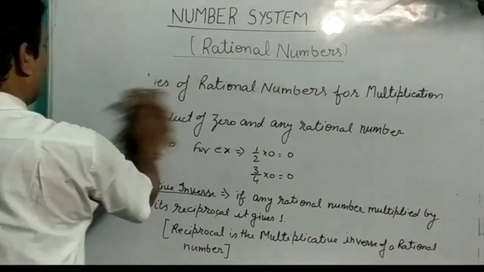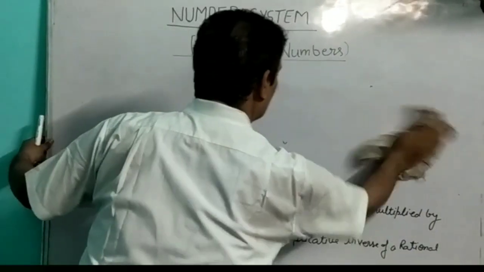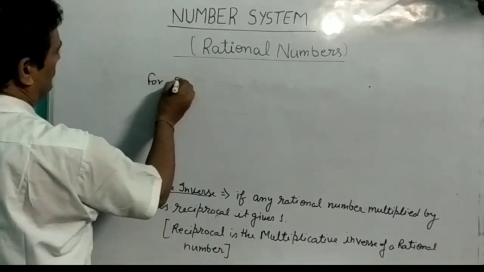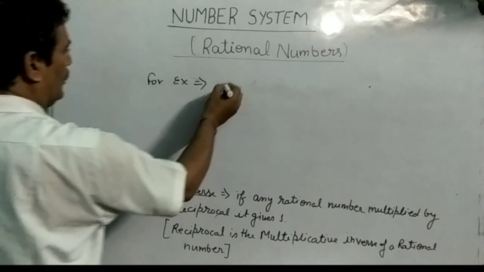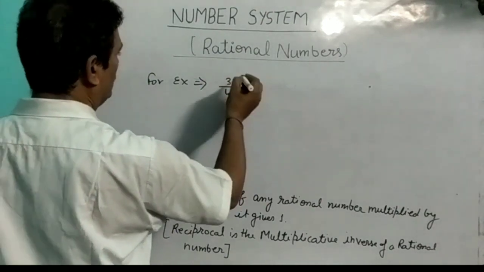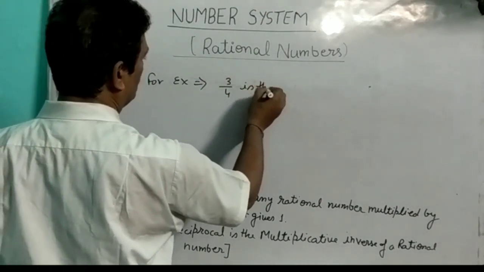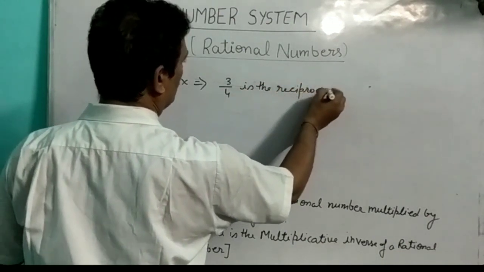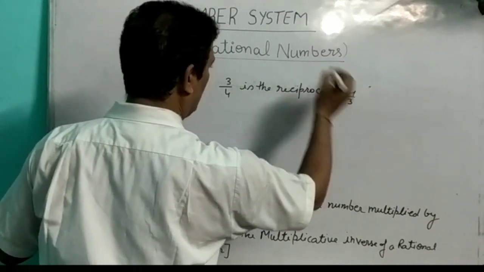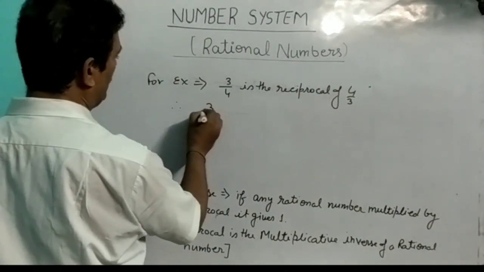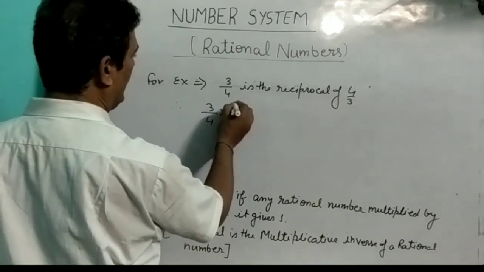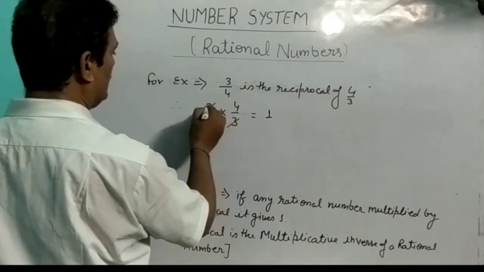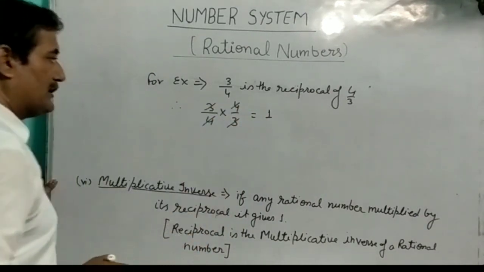For example, 3 by 4 is the reciprocal of 4 by 3. Therefore, when we multiply 3 by 4 by 4 by 3, the resultant answer is 1, because 3, 4 cancelled equals 1.